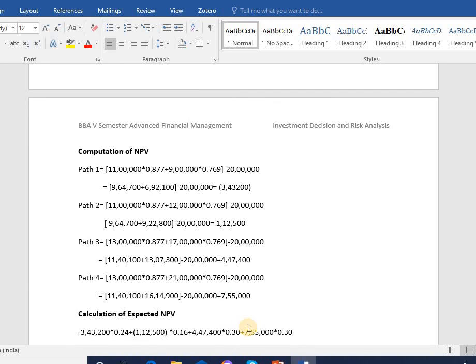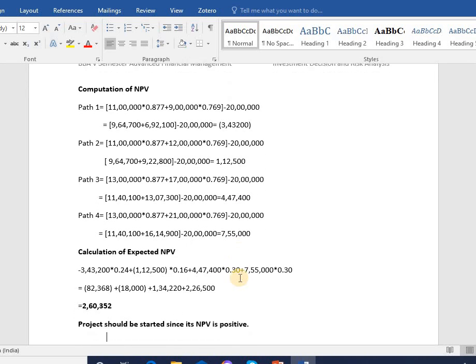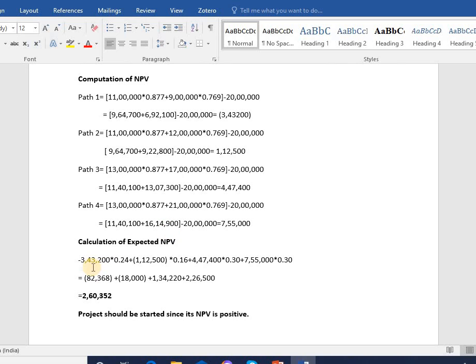Now we need to calculate the expected NPV, taking the joint probabilities. Here we got minus, and here we got plus, plus and plus. So the expected NPV is minus 3,43,200 into 0.24.